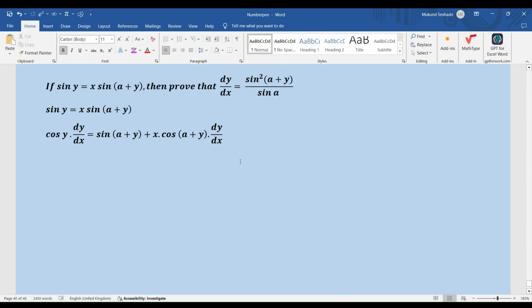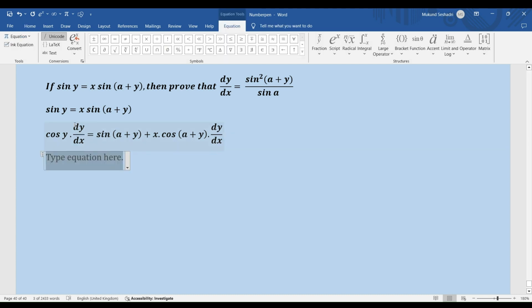So now I have an expression which is dy/dx into cos y equals sin(a + y) plus x times cos(a + y) into dy/dx. So now I'm going to combine all the dy/dx expressions.